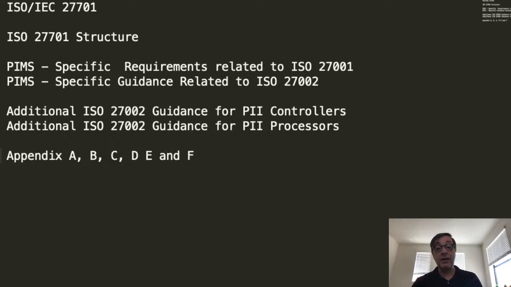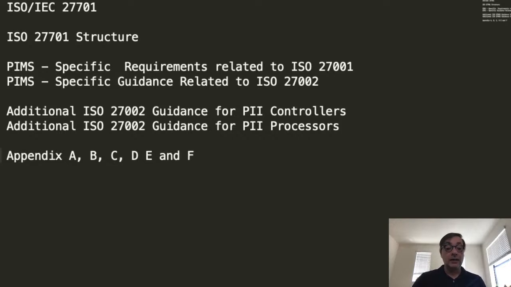Okay, then we have the Appendix B. It is also normative, but it focuses more on the processors. The Annex B is for use by organizations acting as PII processors with or without the use of PII subcontractors, and it extends the ISO 27001 Annex B. The additional or modified control objectives and controls listed are directly derived from and aligned with those defined in this document and are to be used in context with ISO 27001.